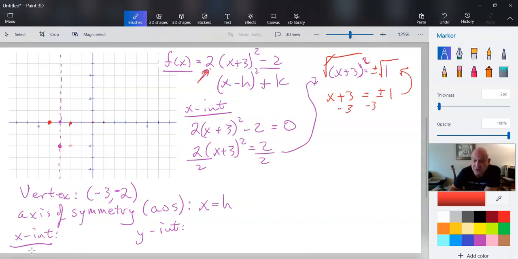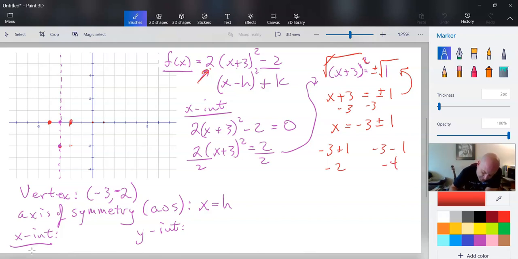And since this represents two answers, I can't just subtract 3 from it. I have to look at both of them. So x is equal to negative 3 plus or minus 1. So my two x-intercepts actually happen at negative 3 plus 1 for one answer, and negative 3 minus 1 for the other. So this gives me negative 2 and negative 4.